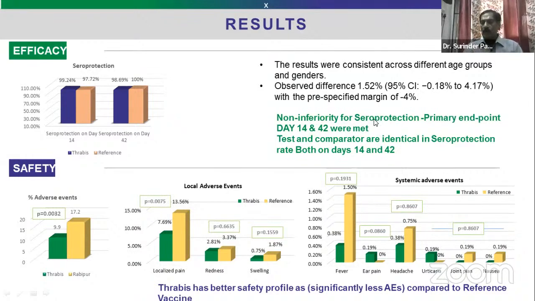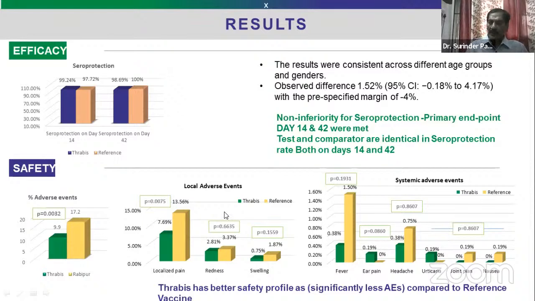So non-inferiority for the seroprotection primary endpoint at day 14 and 42 was met. Test and comparator are identical in seroprotection rate on both 14 and 42 days. We were having fewer local adverse events, for example localized pain, redness, and swelling, where injections are put in the deltoid region.